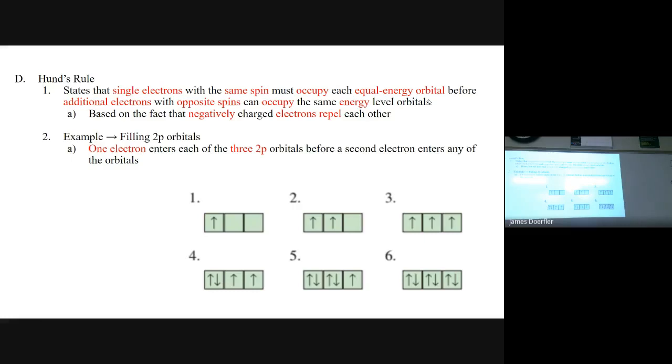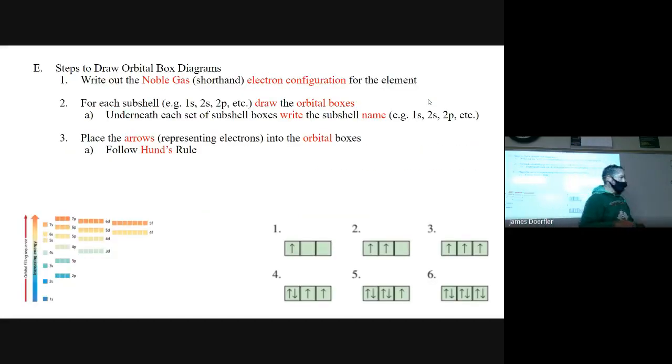Anyway, so those are the 3 rules that we are going to keep in mind when we do orbital box diagrams. And so here is the process of drawing orbital box diagrams. First, you don't have to, okay? When we do some of our examples, I'm going to show you both methods. This says to write out the noble gas electron configuration for the element, because honestly, when you start doing orbital box diagrams, they're going to be even larger in size than your electron configurations because you have to include more images in there.